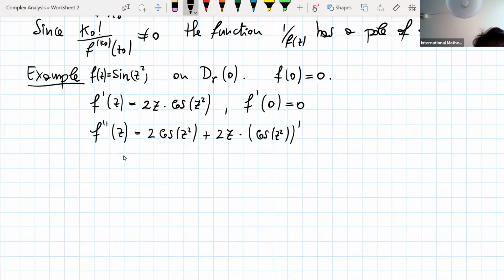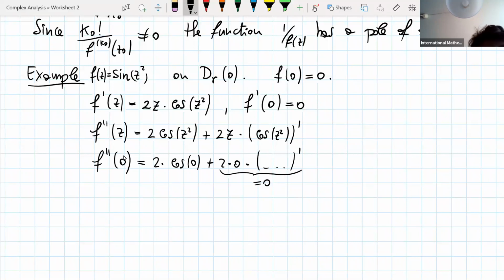I don't compute this derivative because when I see what happens at 0, I get 2 times cosine of 0 plus 2 times 0 times this derivative, and all this is equal to 0. So we get 2 times 1, this is 2. So this is now different from 0.